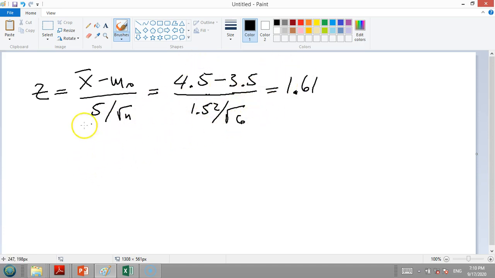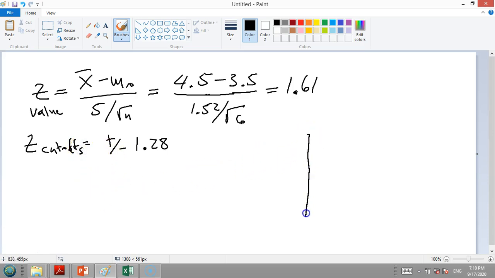This is the z value. The z cutoff point is plus minus 1.28. These are the cutoff points.